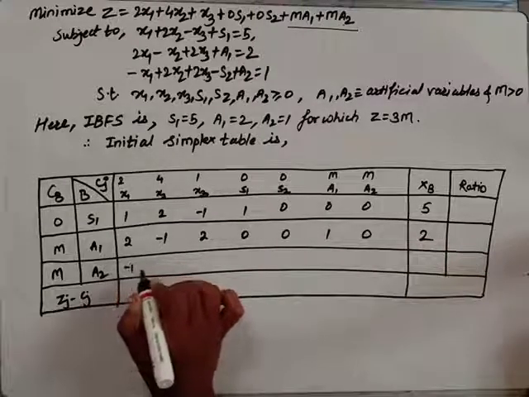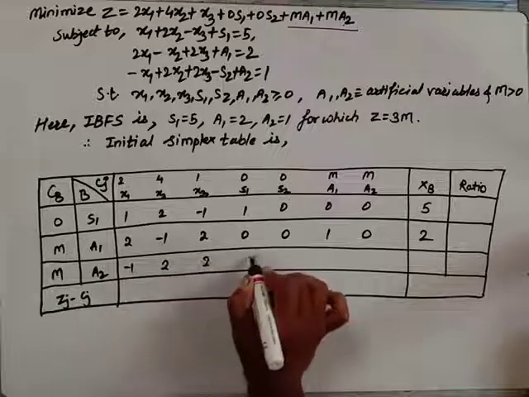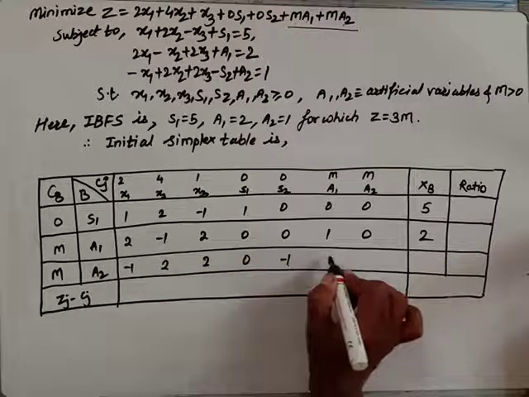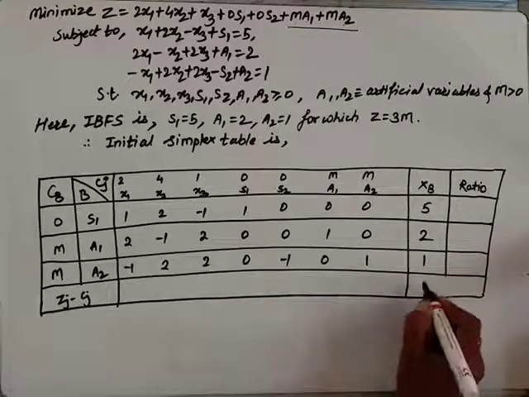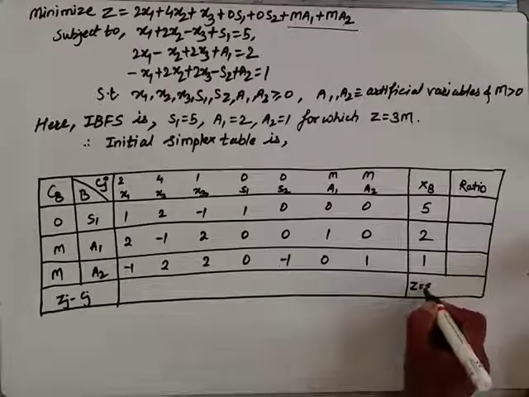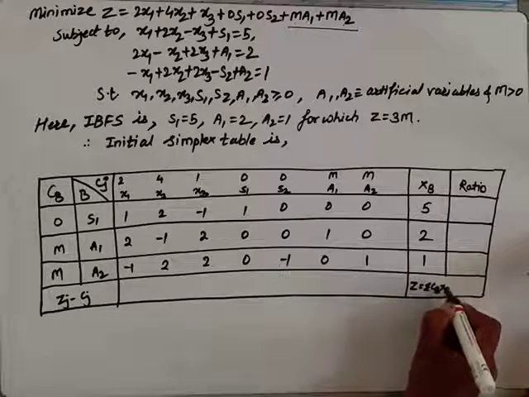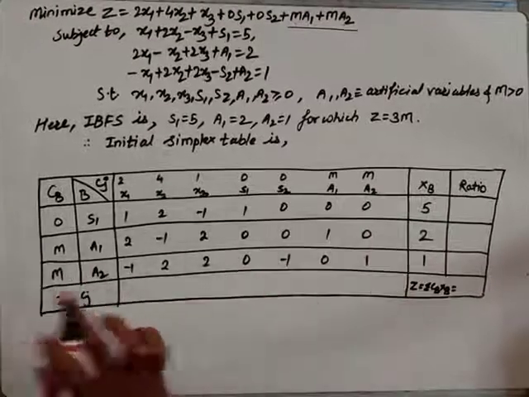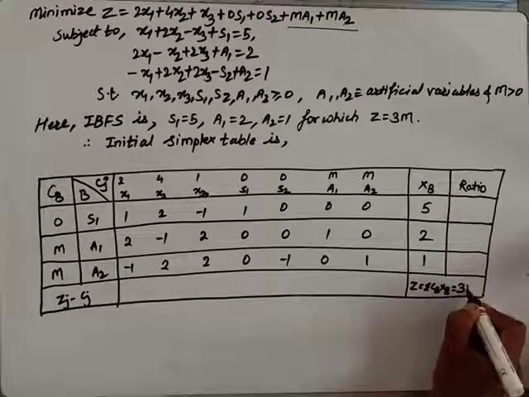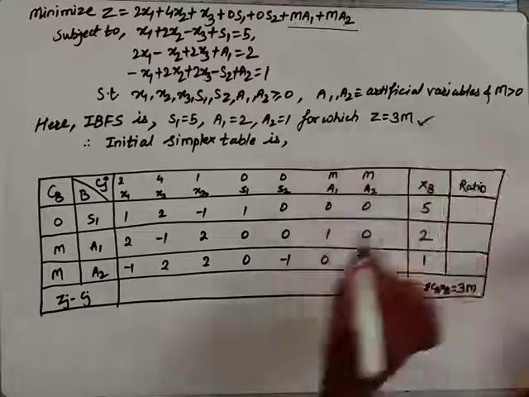Now minus 1, 2, 2, 0, minus 1, 0, 1 and 1. Now you know what Z is here? Summation CB XB, same formula. It will be 2M plus 1M, so it will be 3M. We have already seen this here.